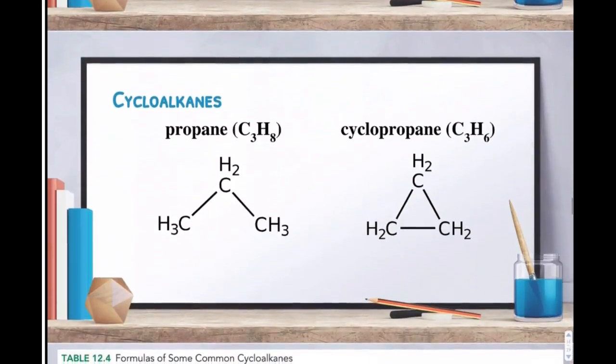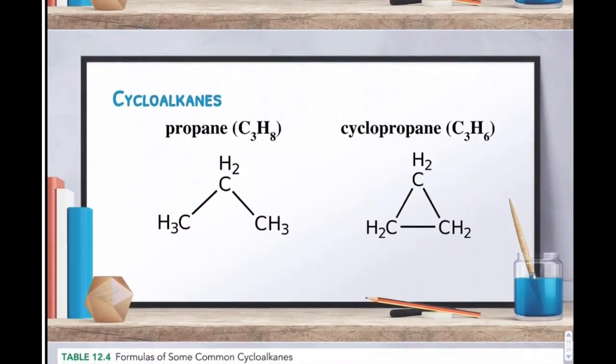We also have cycloalkanes, and like the name cyclo says, it would be a circle or a cycle. And so cycloalkanes just have fewer hydrogens than they could have because every carbon is an interior carbon. If you look at this, you'll see. So propane has 3 carbons in a straight line, an unbroken, unbranched chain here. And then you have 3 carbons in a circle here.